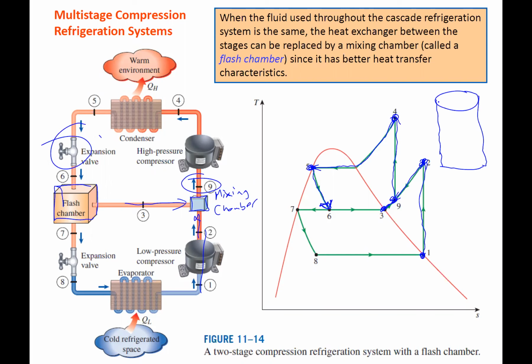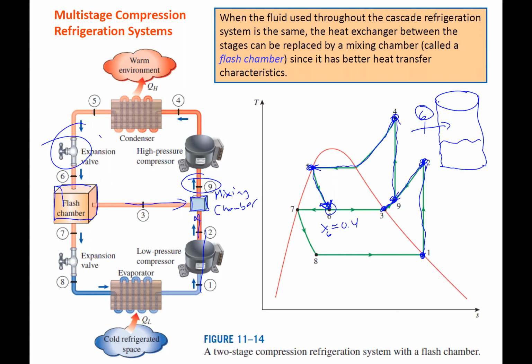6 into it, and there's enough residence time, where that fluid is sitting in there, that 6 comes in and it's got a quality. There's a quality here, so maybe this is 0.4 in this one, the quality of 6. Well, that quality of fluid comes in, and this drum, this flash chamber, is so big that it causes the fluids to separate.